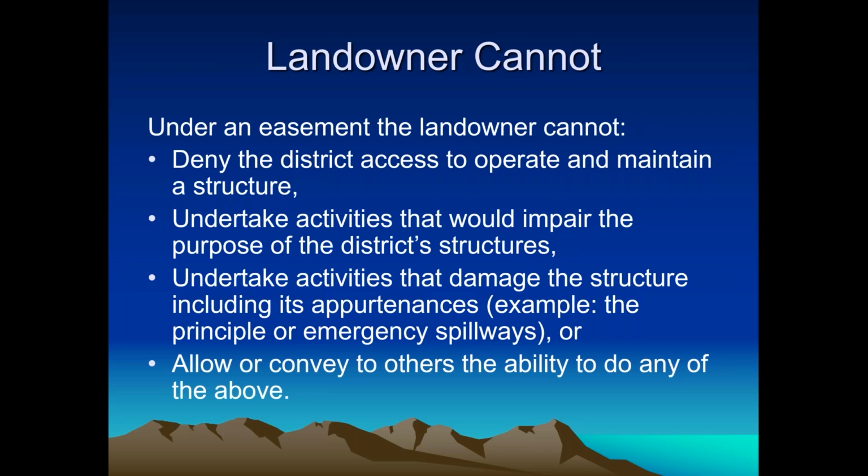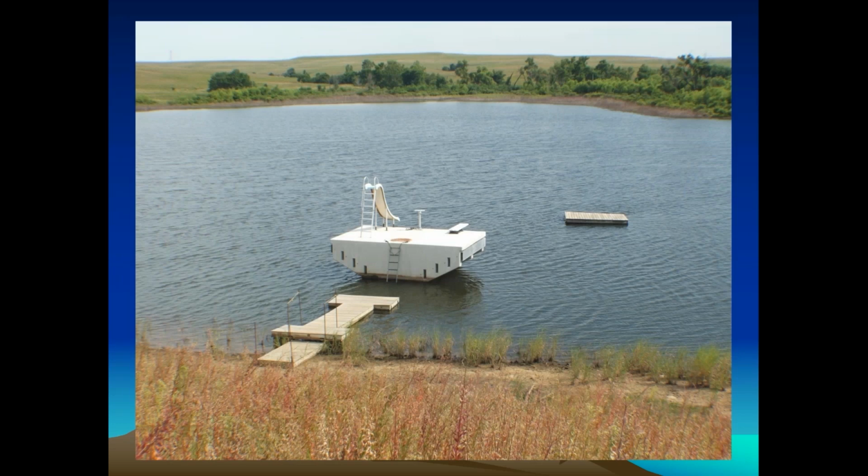They can't do activities that may damage parts of the structure, its appurtenances, those types of things. And they can't allow others to come in and do any of that. So you want to make sure that they're aware of some of the things they can't do.